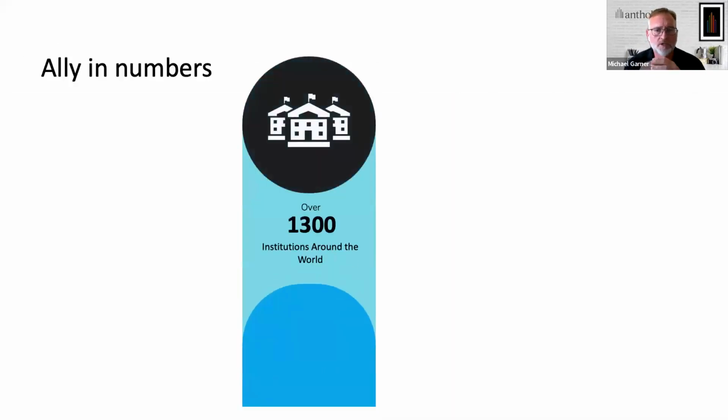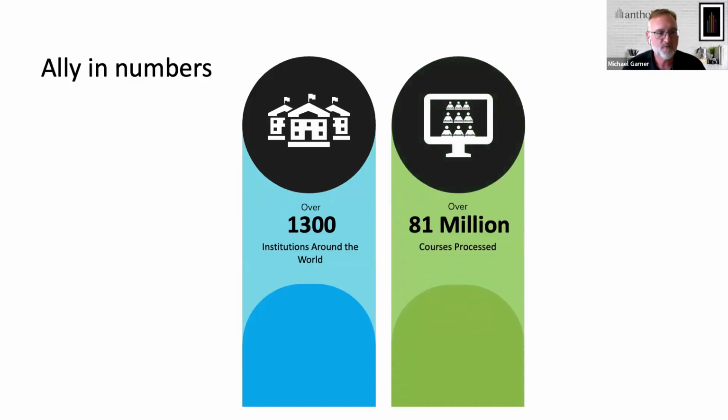So just a bit of background on Ally. Ally has been in the market from around 2017 and currently serves around 1,300 institutions from around the world. So we do have a lot of organizations who are using Ally, leveraging Ally, and taking advantage of it. Because of that, we've processed a considerable amount of courses. When I say courses, I'm talking about the individual subject units, specifically in the learning management system.